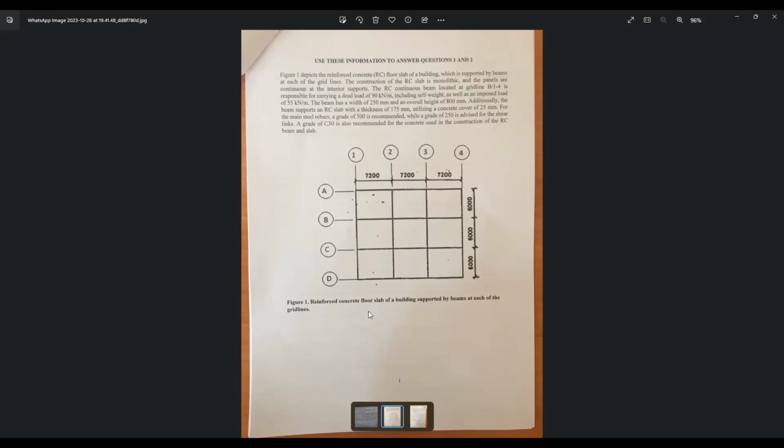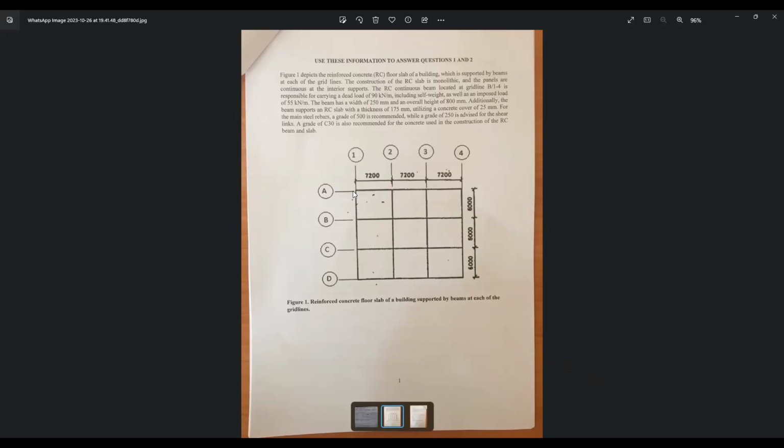A reinforced concrete floor slab of a building supported by beams at each of the grid lines. This is what we are going to classify. We are going to classify each of the panels.